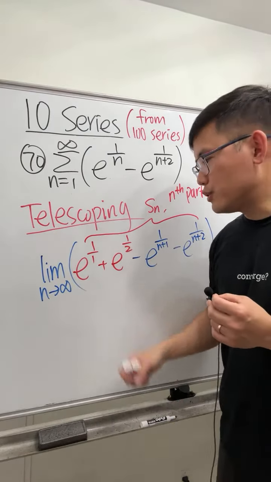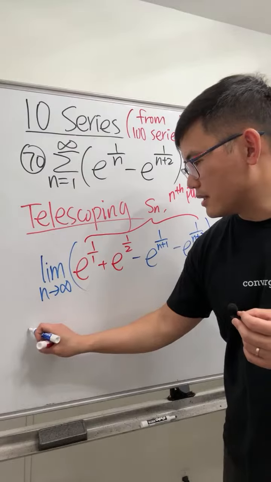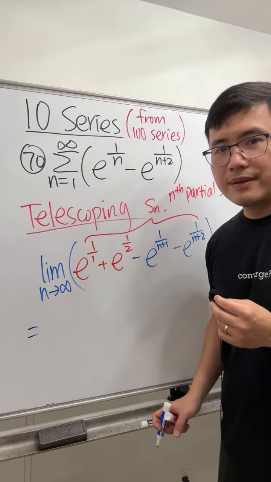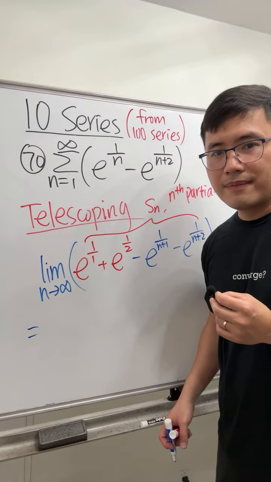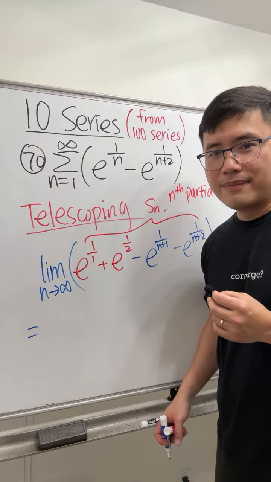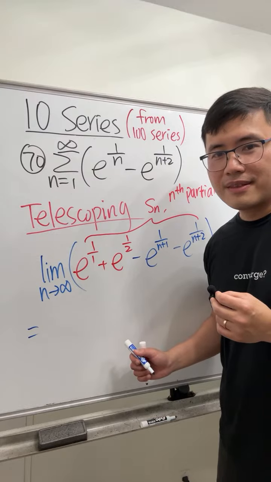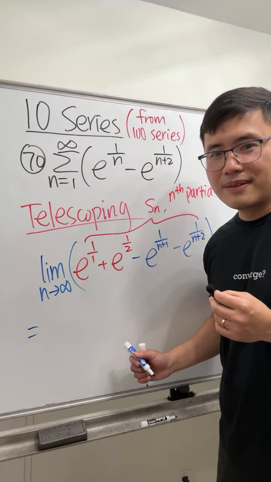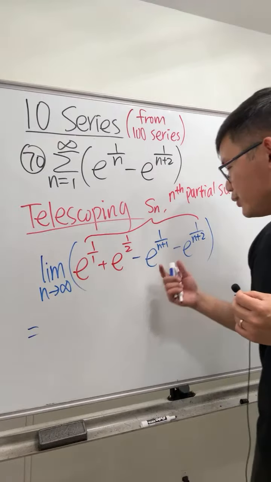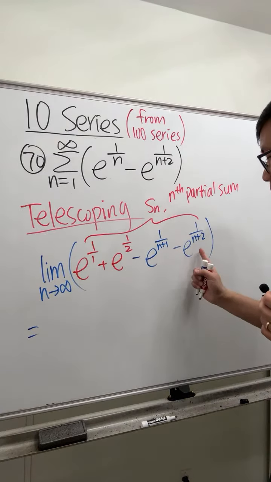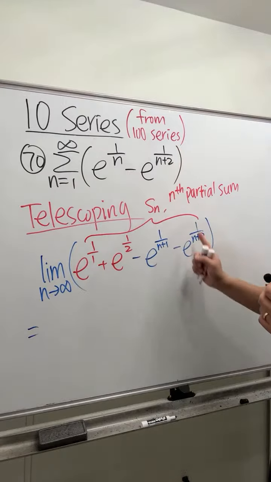All right, let's finish this one together. What's the final answer? You need to have 2 terms at the end. So the last term is e to the 1 over n plus 2, right?